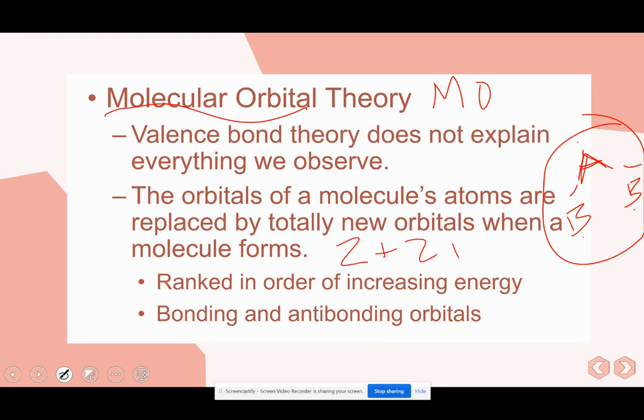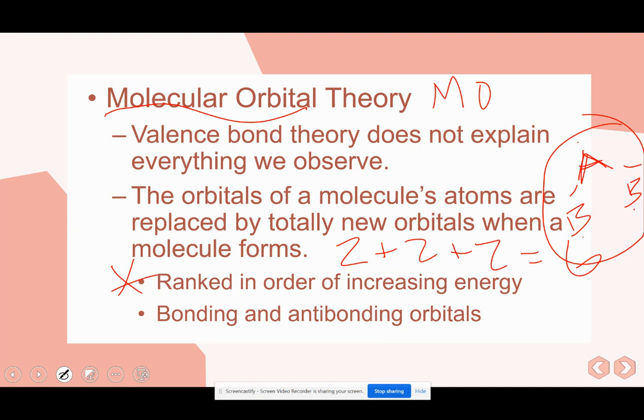Because they each have 2 orbitals, we should end up with 6 new molecular orbitals around this molecule. And like everything else we've talked about in chemistry this year, they will be ranked in order of increasing energy. If you remember, electrons like to be as low energy as possible, like teenagers. So the lowest energy orbitals will get filled first and then work their way up.